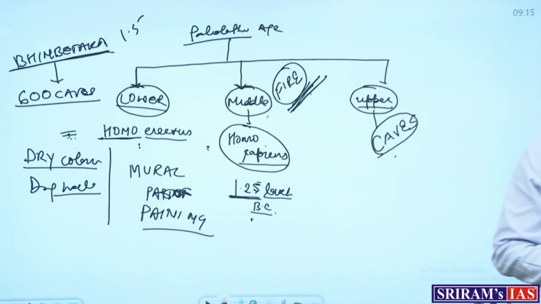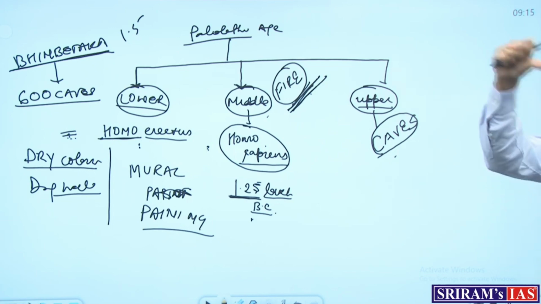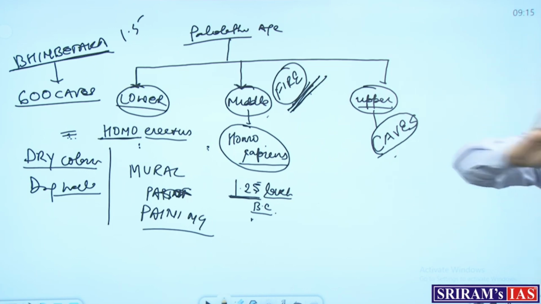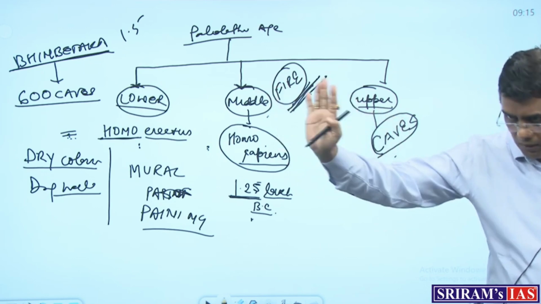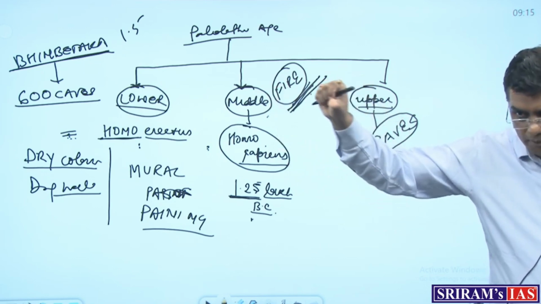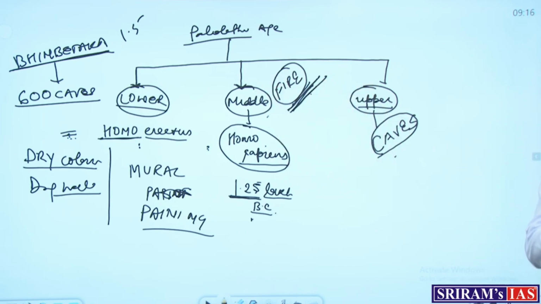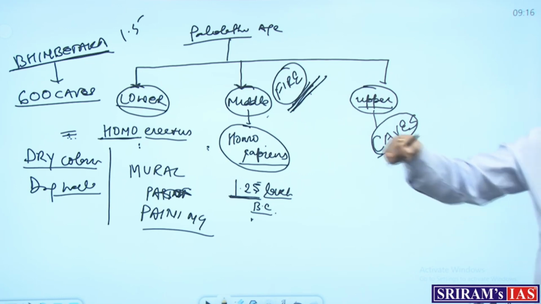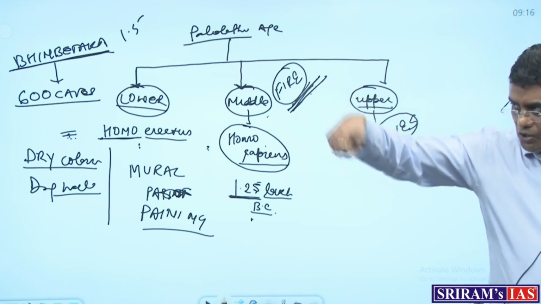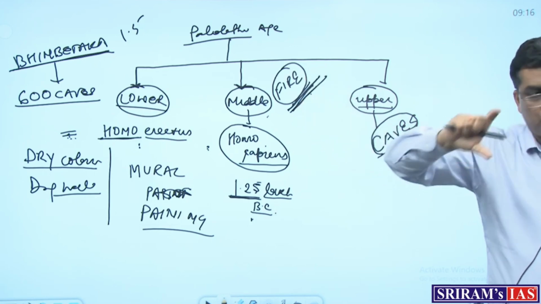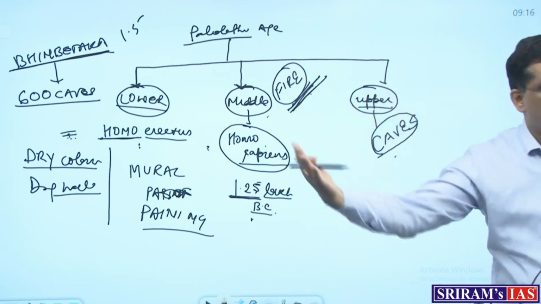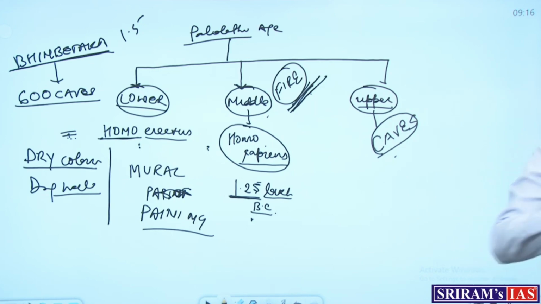So what is mural painting? Dry color on dry walls. On solid rock or the walls, you do painting, it is called mural painting. Suppose there is a wet plaster, just plastered on the wall, wet plaster, and wet color is applied on the plaster. After the plaster dries, it soaks the color inside, and this is called fresco.